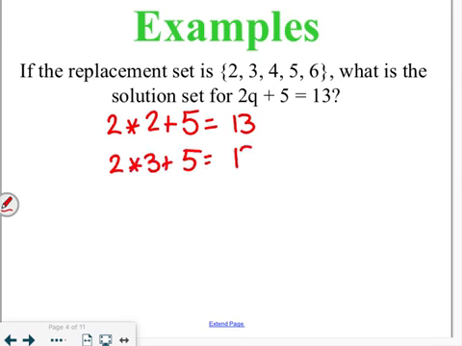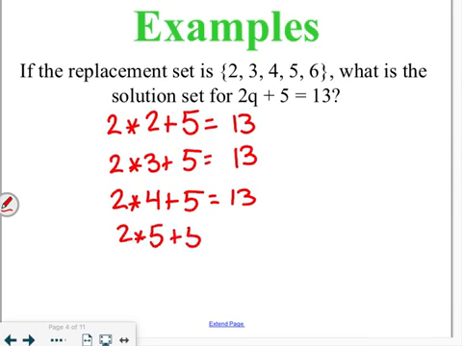So into the first one, I plugged in 2, the second one I plugged in 3, then I plug in 4, 5, and 6, and now I have to decide which one of these is a true statement.